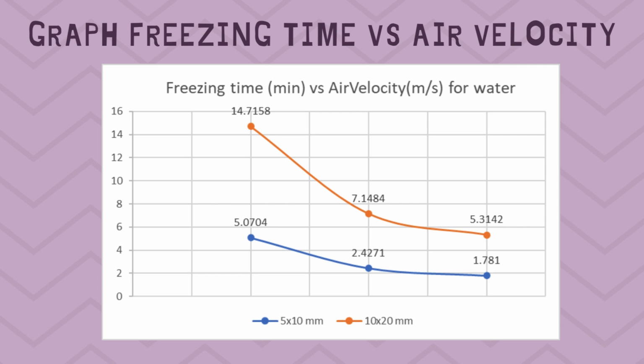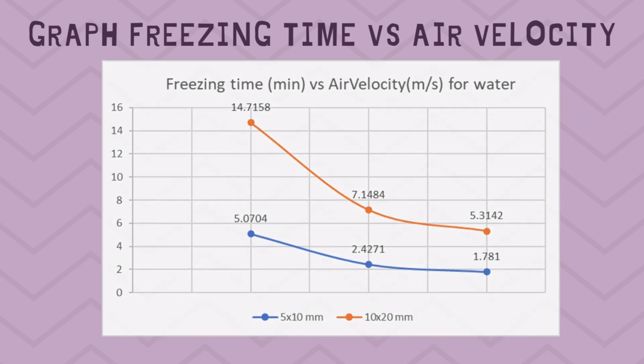When the velocity is 1 meter per second, the freezing time for the size 10 mm by 20 mm likewise falls from 14.7158 to 7.1484 minutes. We can conclude that increasing the air velocity can decrease the freezing time, as the increased movement of air around the product will help to remove heat more quickly.